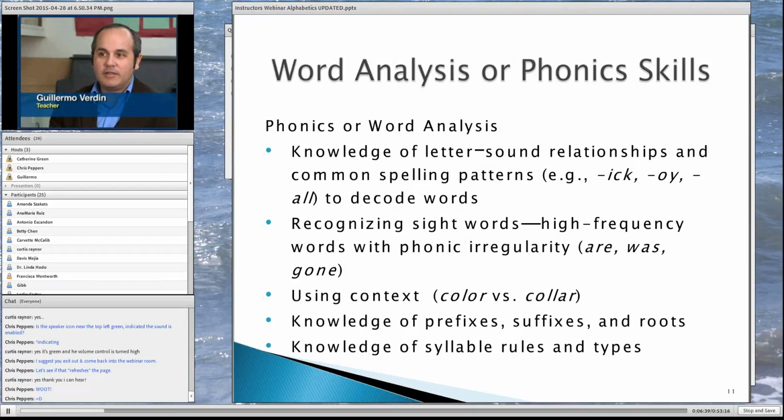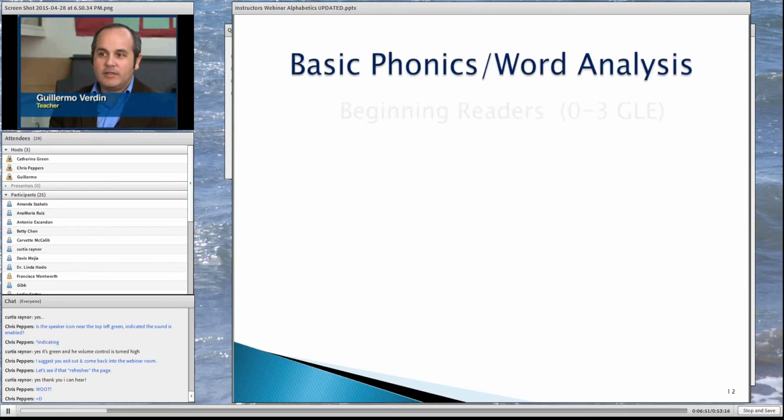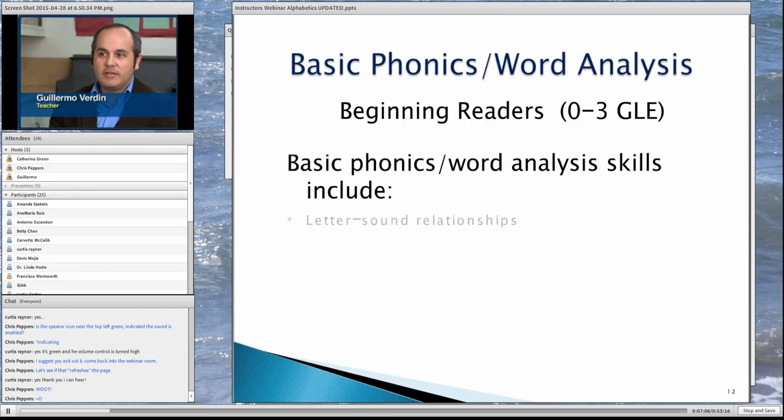Now, finally, at the very bottom, phonics also includes knowledge of prefixes, suffixes, and roots, as well as knowledge of syllable rules and syllable types. Now, for beginning readers, and I'm talking about the 0 to 3 grade level equivalent students, the focus is on basic phonics, basic word analysis, and that includes the letter sound relationships.